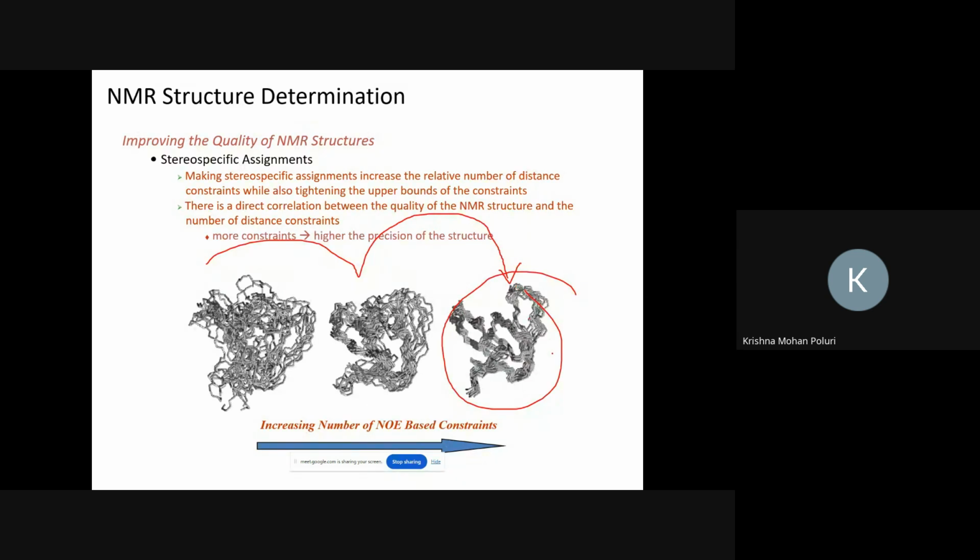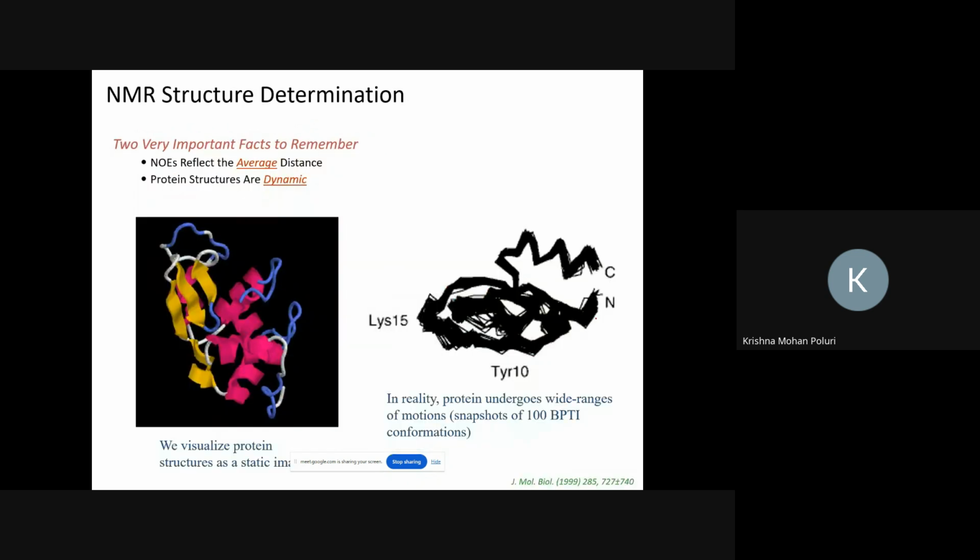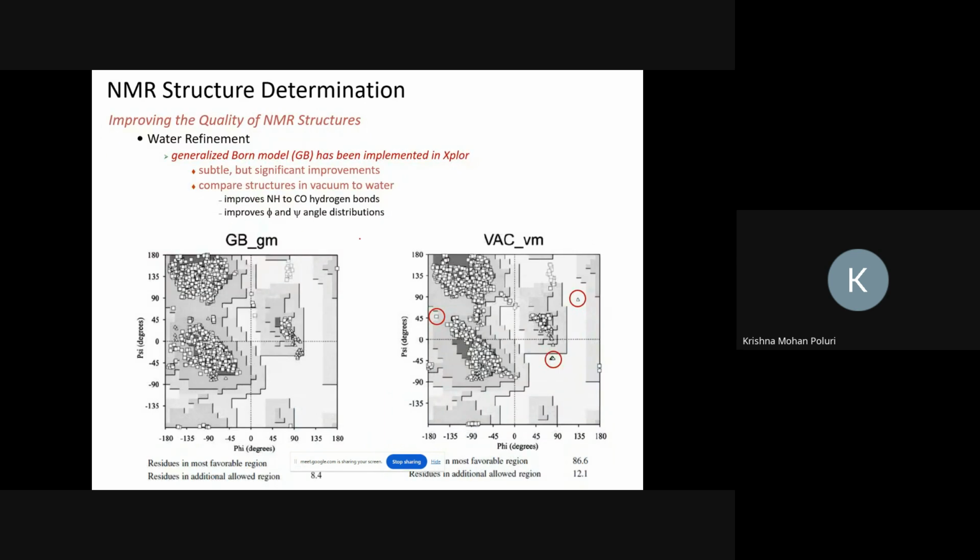Now, suppose you got this structure. How do you know whether this is correct or wrong? If you get a structure, you have to tell whether it is correct or wrong. To do that, again you go back to the Ramachandran map. All the constraints you put have to follow the Ramachandran allowed regions or generously allowed regions.